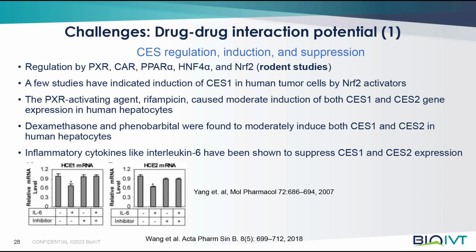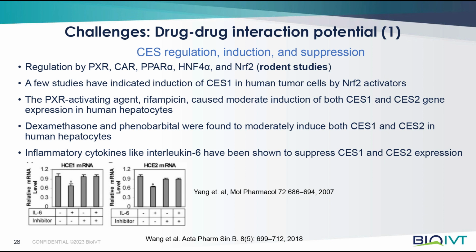I think it's easy to think of carboxylesterase 1 as being the hepatocyte carboxylesterase. And then dexamethasone and phenobarbital also going through different pathways can cause some moderate induction of both carboxylesterase 1 and 2. And then inflammatory cytokines. So this is known for a lot of different P450s that when you have inflammatory cytokines, you can see suppression.